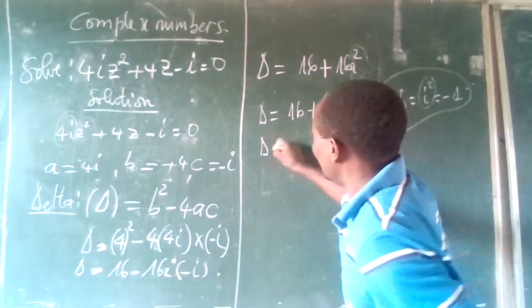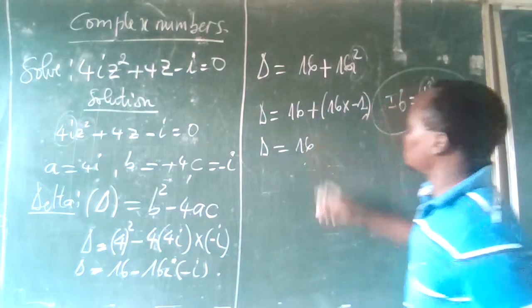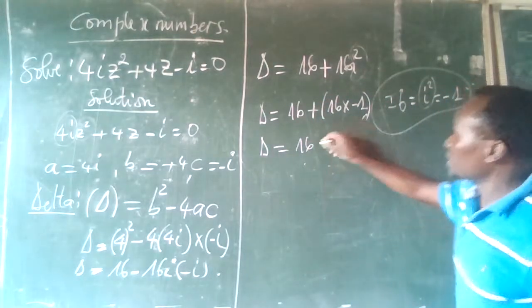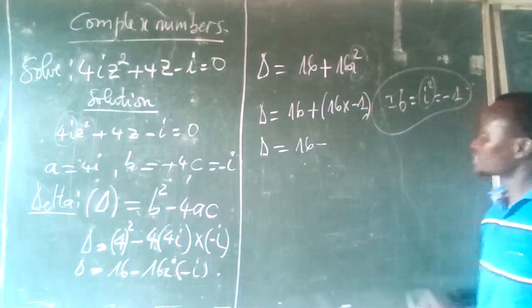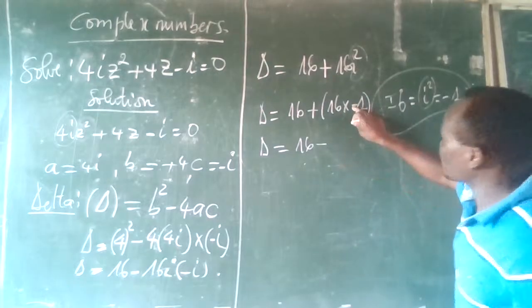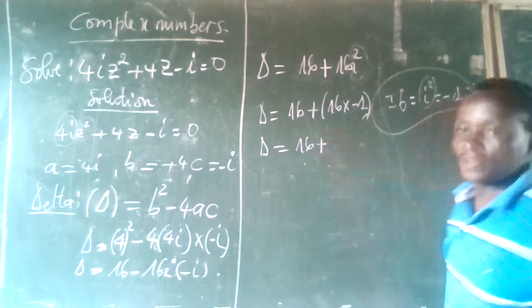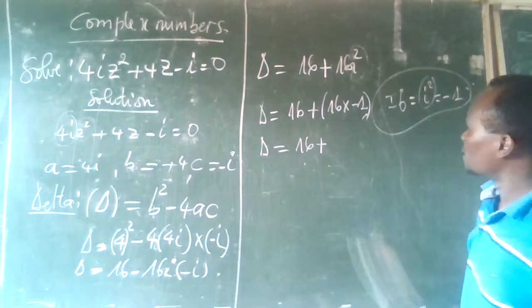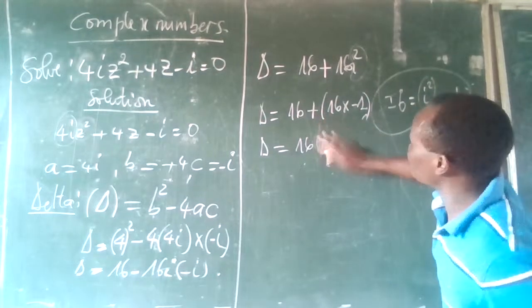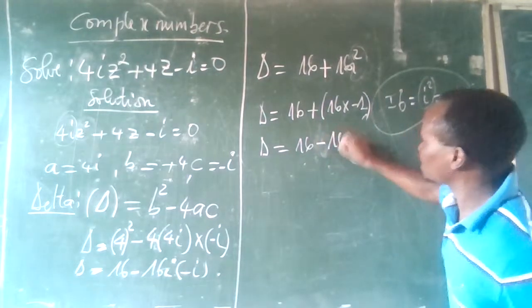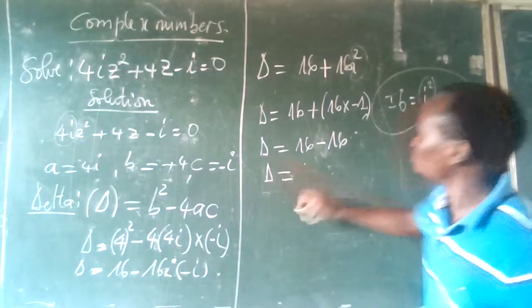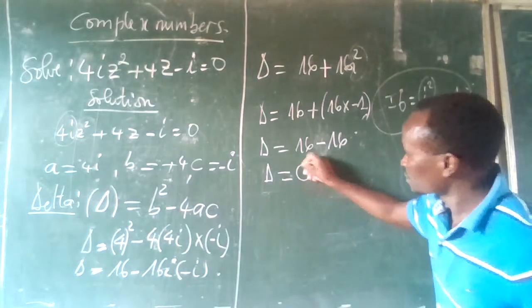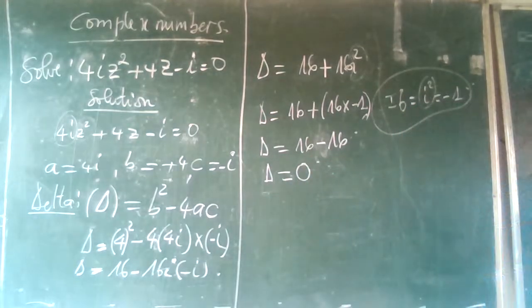Now finally delta will be 1 minus, yes, minus times this plus, it will be minus 16. Now our delta will be 0. Yes?